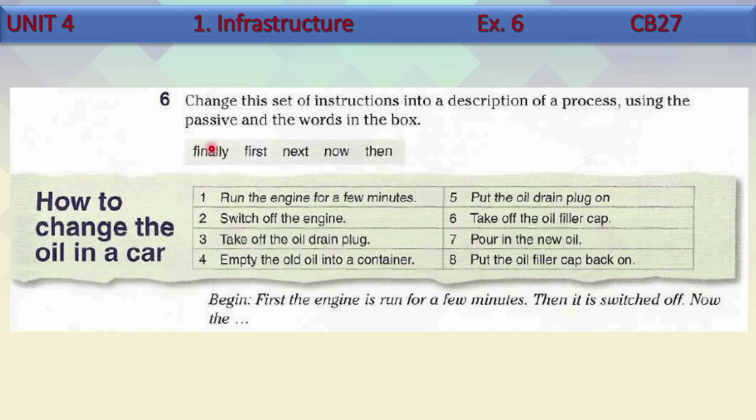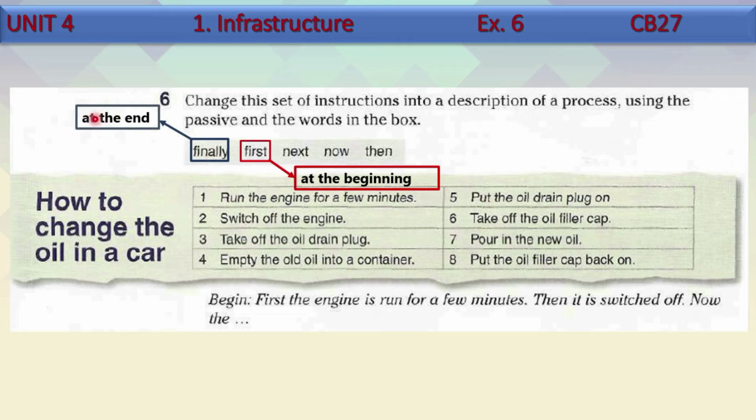Exercise 6. Change this set of instructions into a description of a process using the passive and the words in the box. These are sequencing words. We use first at the beginning, finally at the end, and in the middle we can use any of these interchangeably.